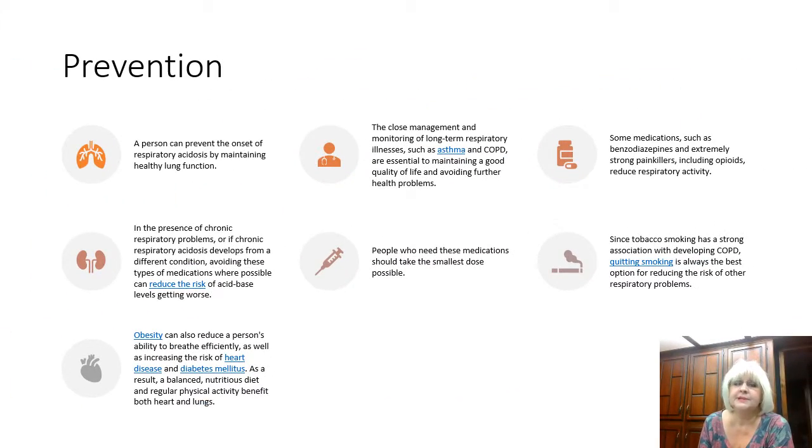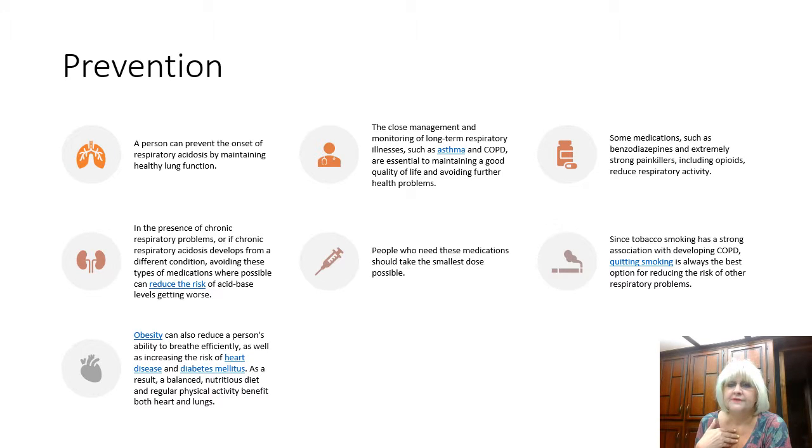So there are things that can be done to prevent respiratory acidosis, and it's important, first of all, to maintain a healthy lung function. So if someone like myself, and you can probably hear me breathing heavier because it's really thick outside, has chronic asthma, it's important that they do everything that they can to ensure that their lungs are healthy by taking their medications, using their inhalers, avoiding environmental triggers that make things worse, and eating the proper foods.